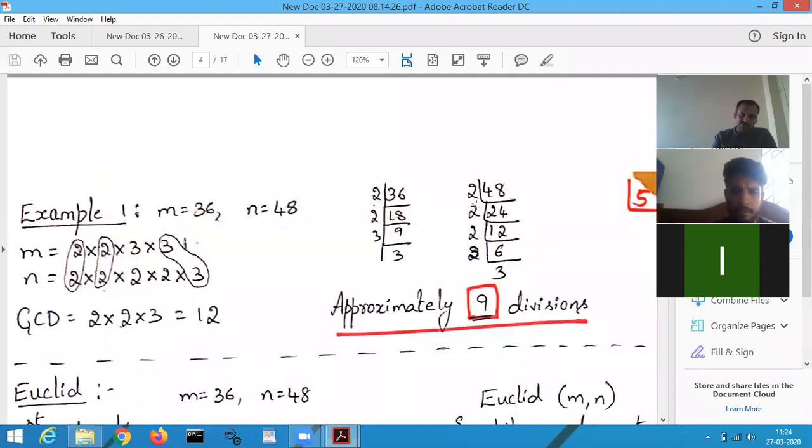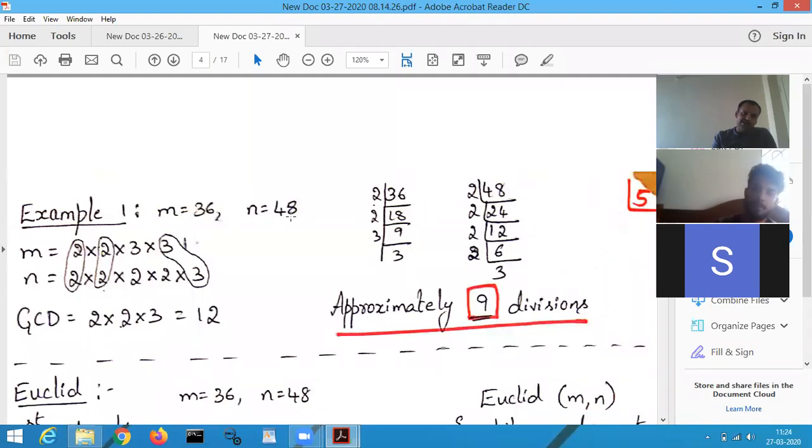For 48 I am doing approximately 5 divisions. Approximately, not exactly. 4 plus 5, totally approximately 9 divisions, for finding the GCD of 36 and 48.